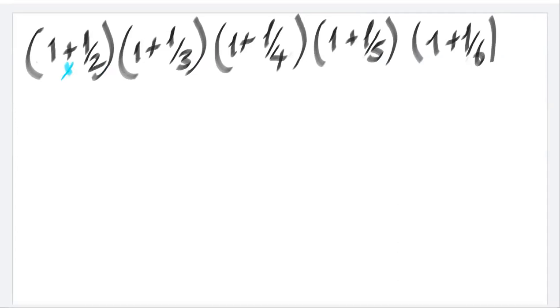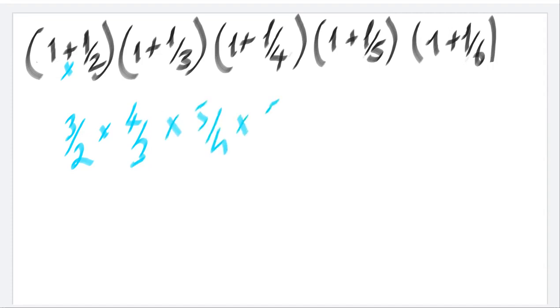Similar things we can do, but this is for addition. We multiply and add. 2 times 1, 2 plus 1, 3 over 2, times 3 times 1, 3 plus 1, 4 over 3. Next one is 5 over 4, 6 over 5, and 7 over 6.